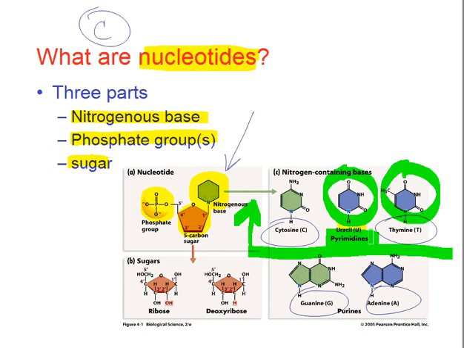Below the green line, these nitrogenous bases, and these include guanine and adenine, have 2 rings joined together side by side. One ring is 6 carbons, the other ring is 5 carbons. These are the purines. So purines have 2 rings of carbons joined together. Pyrimidines are only a single ring of carbons.